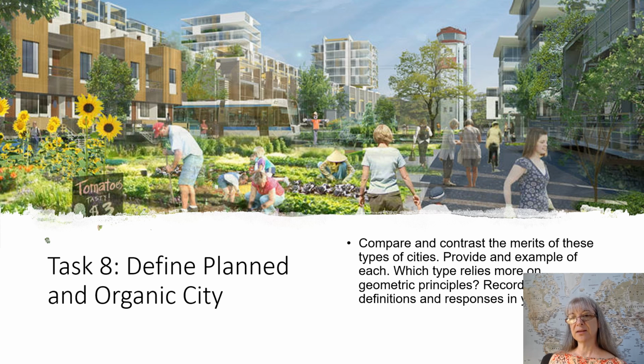Task 8 is compare and contrast the merits of these types of cities, a planned urban development or an organic city. It's interesting with a planned city, I'm going to just play devil's advocate for a minute against the geo people, not geometry, that perhaps a more organized, more centered, structured river could support life.